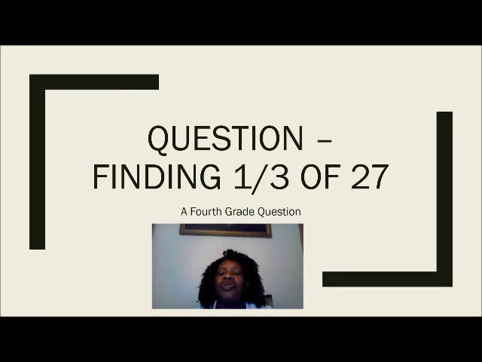Let's see how we can use manipulatives in this problem. The question says, what is 1/3 of 27? So we're going to select blocks.